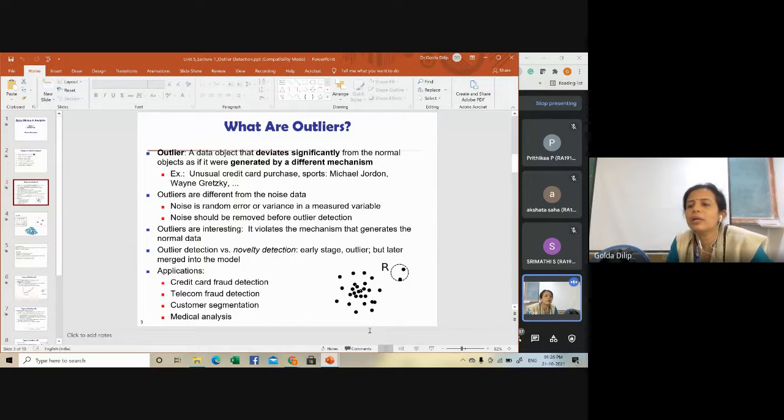For example, if the purchase amount is much bigger than the usual ones done by the card owner, or if the purchase is occurring at a totally different, alien location, far away from the owner's residence city or from where the usual transactions happen, those kinds of purchases can be suspicious.